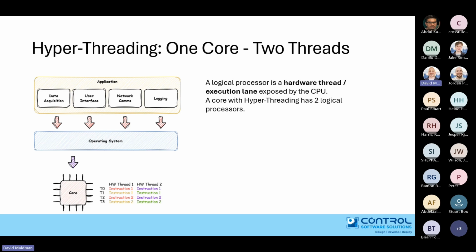So here I've tried to show some color coding between my threads. I've still got my 4 threads, and there's some element of time slicing on each of the threads, but one hardware thread is reserved for these two software threads' instructions, and this other hardware thread is reserved for these two software threads' set of instructions.